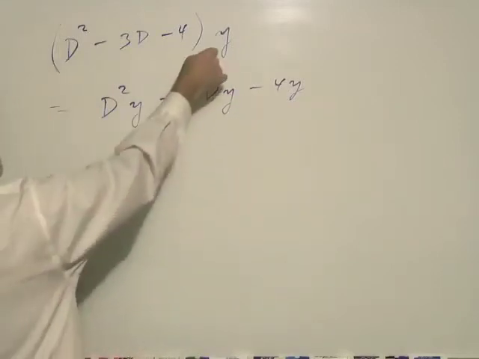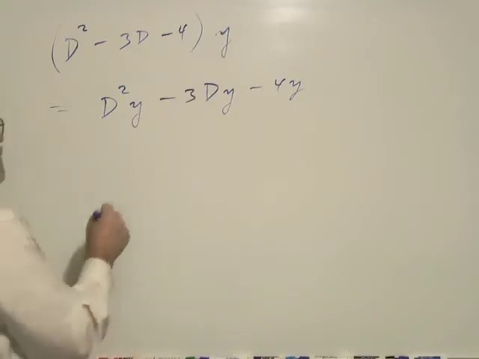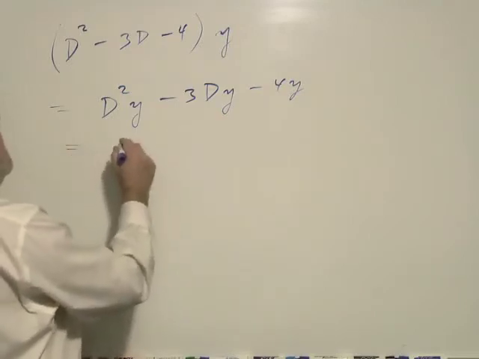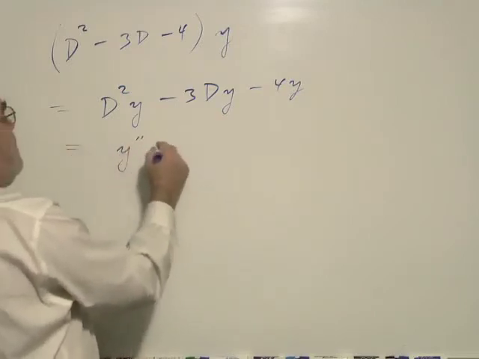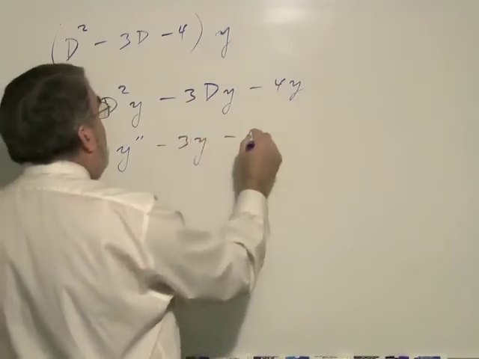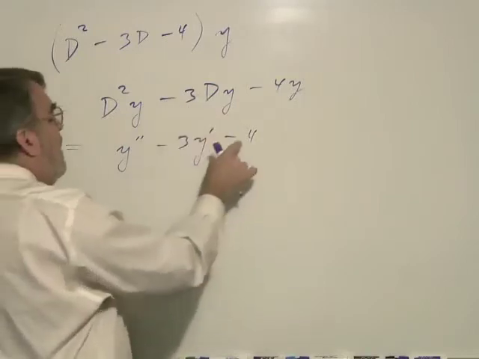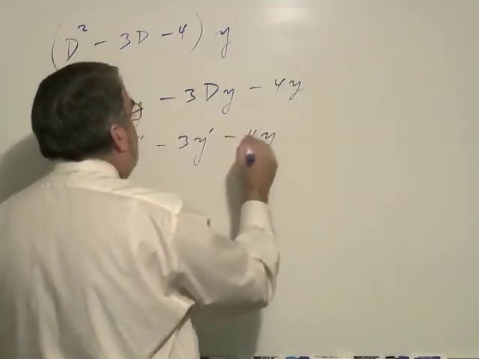You literally can distribute the function throughout this parentheses. All right, well, this would be y double prime minus 3 times the derivative of y, minus 3y prime, minus 4y. y double prime minus 3y prime minus 4y.